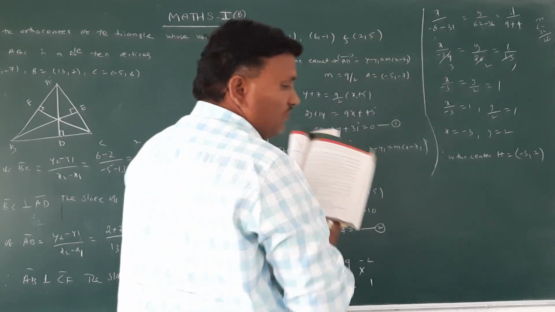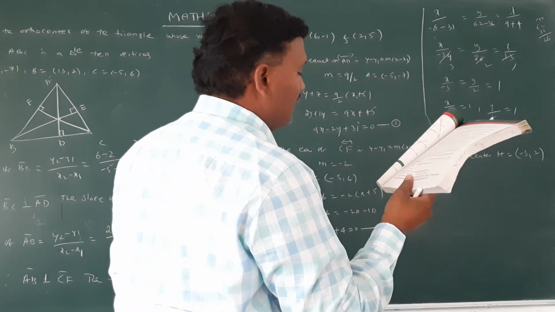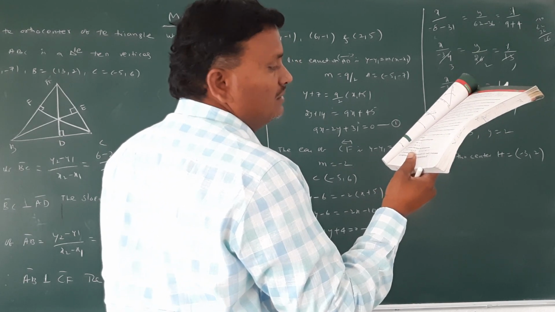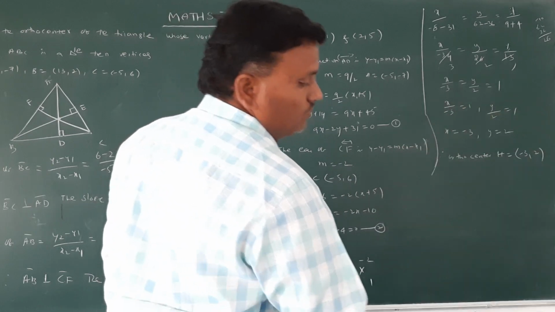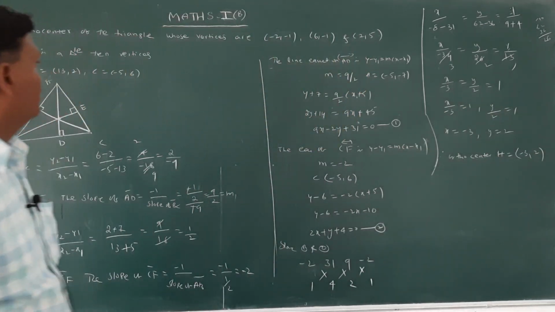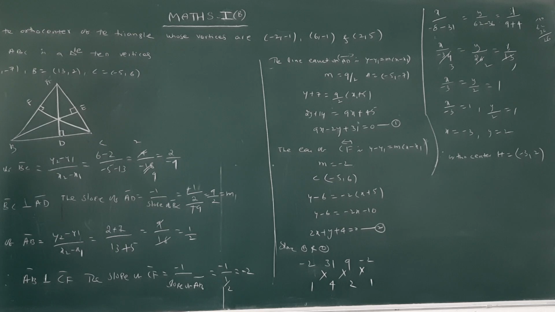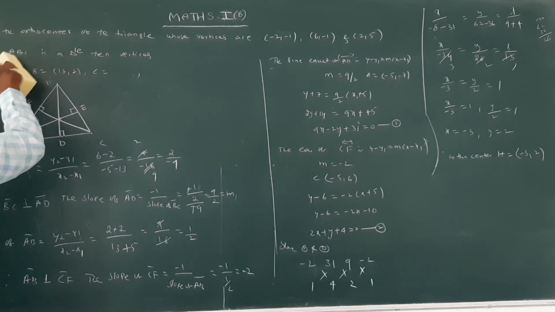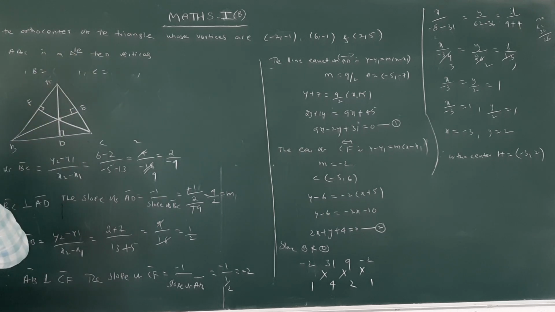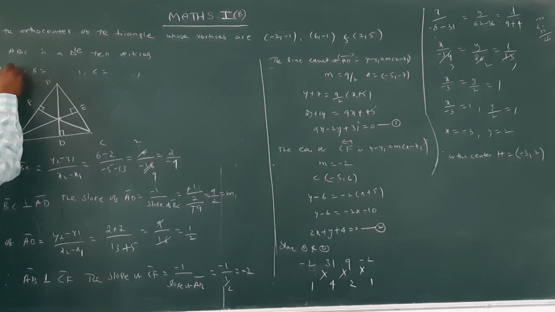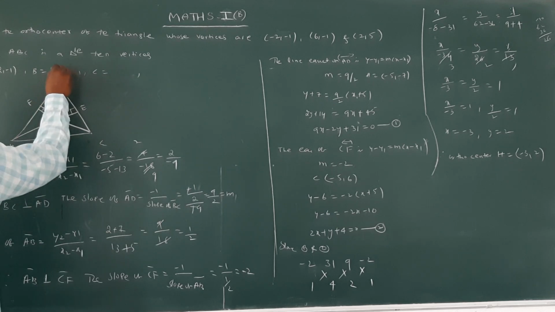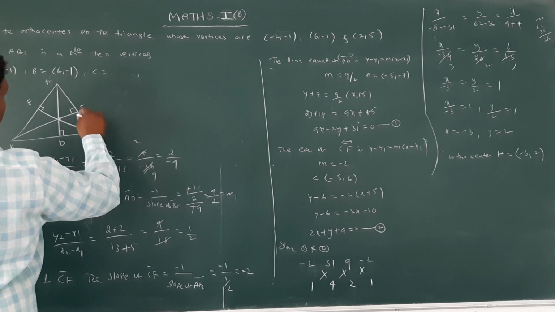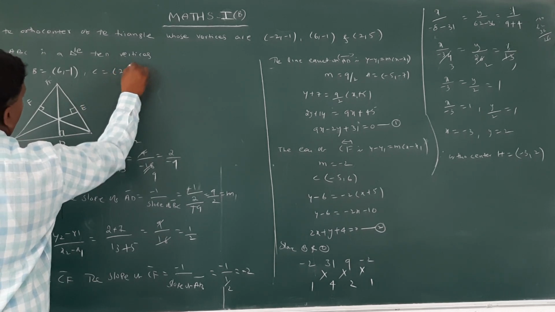First, let ABC be a triangle. Then A is equal to minus 2 comma minus 1, B is equal to 6 comma minus 1, C is equal to 2 comma 5.